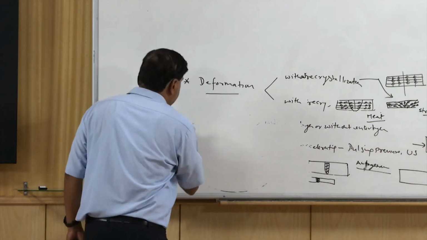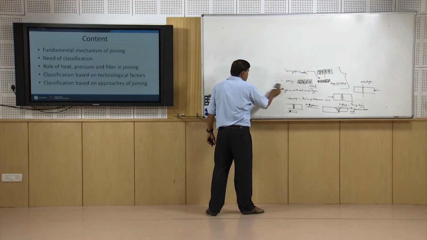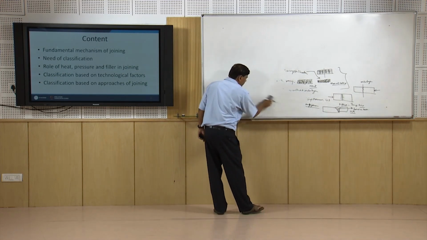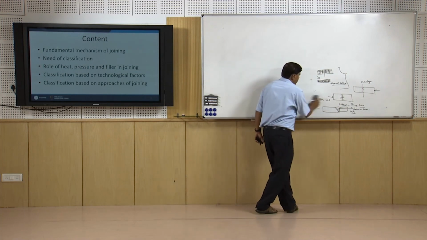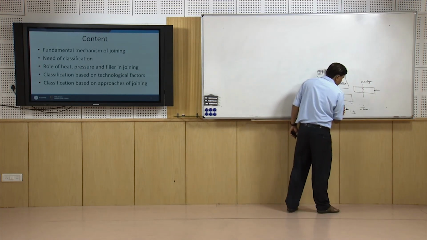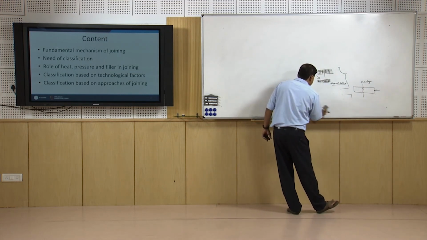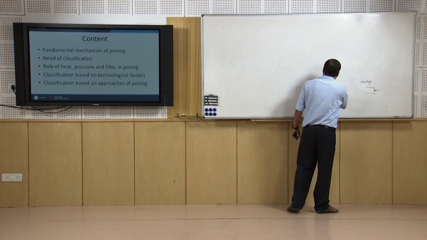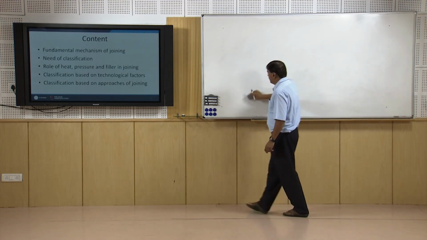If you see here, these three mechanisms will be using either heat or pressure or both. So the different processes of joining will be using one of these three mechanisms for developing the joints.